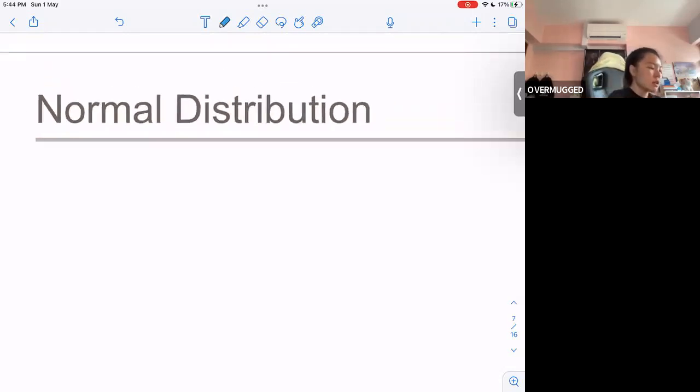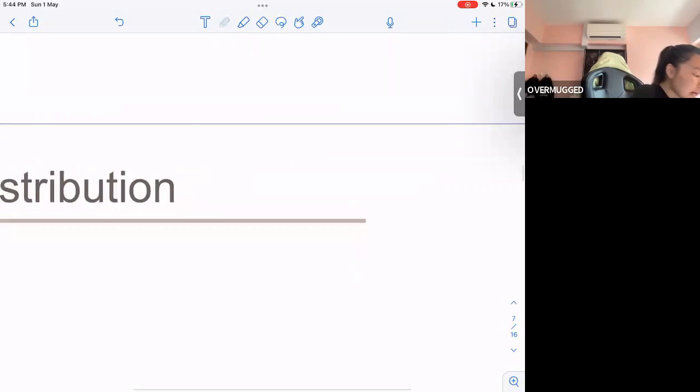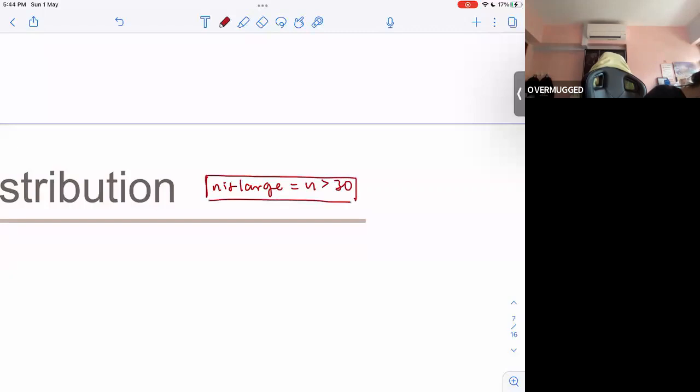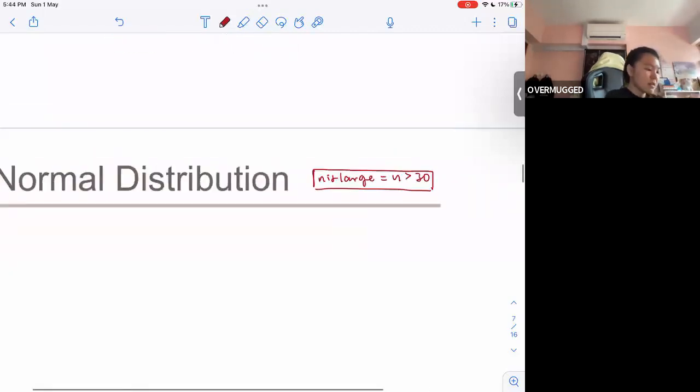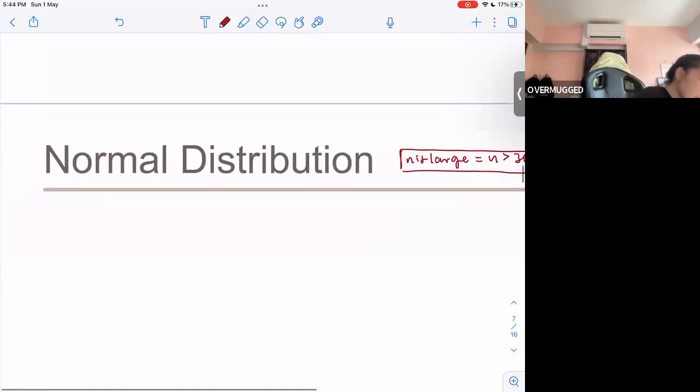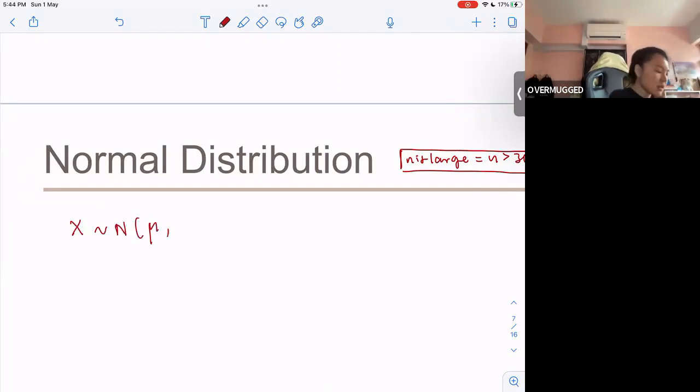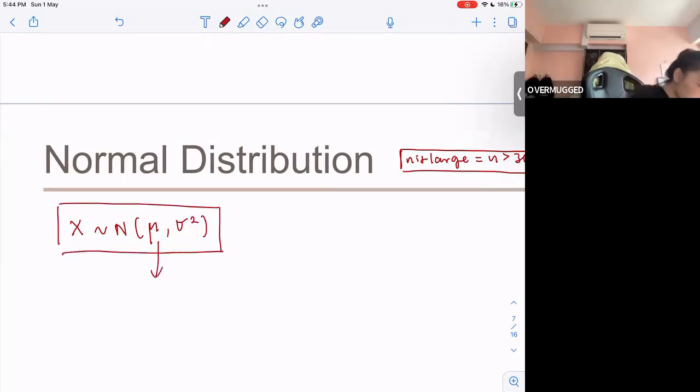When we say n is large in statistics, it's like n is more than 30, that kind of thing. So for normal distribution, let's say you define random variable X follows a normal distribution. Usually we put here the mean, mu, and then sigma squared, which is your variance. So this is your mean.